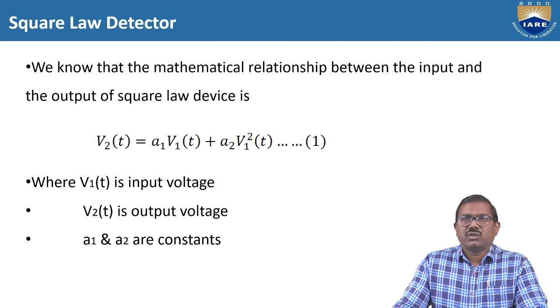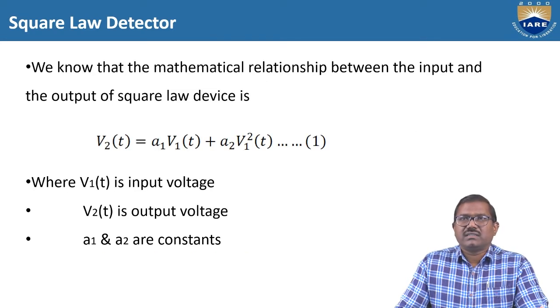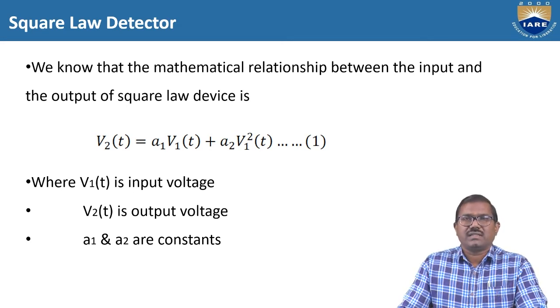So we get the output of the square law device: V2 of t is equal to A1 V1 of t plus A2 V1 square of t. Here V1 of t is the input voltage and V2 of t is the output voltage, where A1 and A2 are constants.